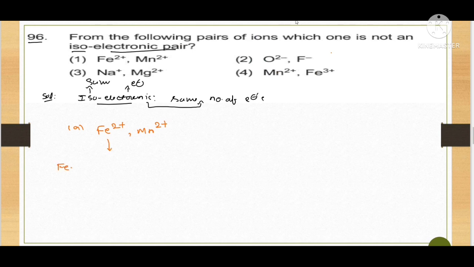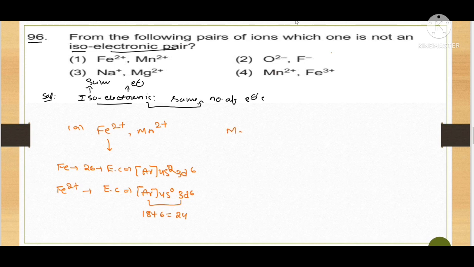We know that iron's atomic number is 26, and its electronic configuration is argon 4s2 3d6. 18 plus 2 is 20, 20 plus 6 is 26. In the 2+ form, that means loss of 2 electrons, its electronic configuration becomes argon 4s0 3d6. That means the number of electrons is 18 plus 6, which is 24 electrons after the loss of 2 electrons.